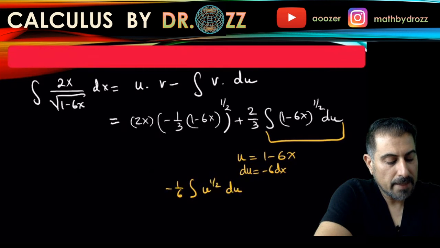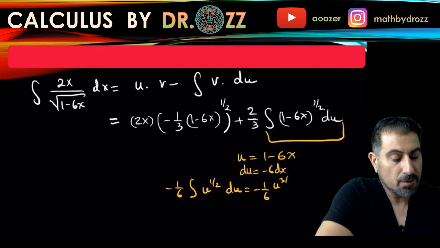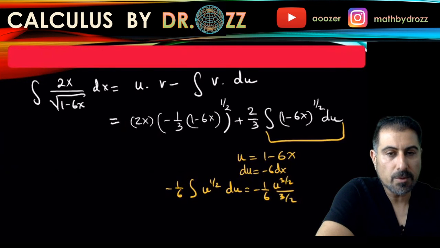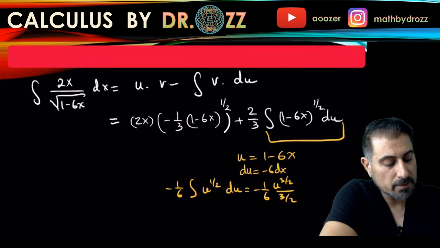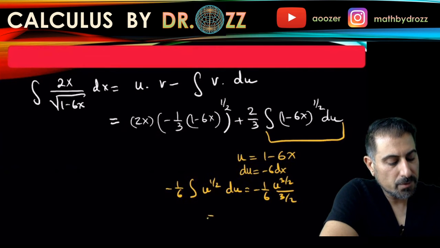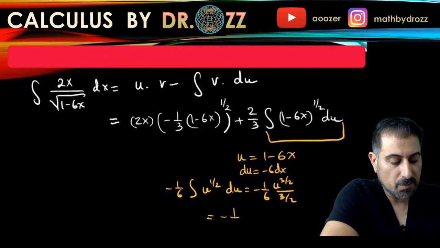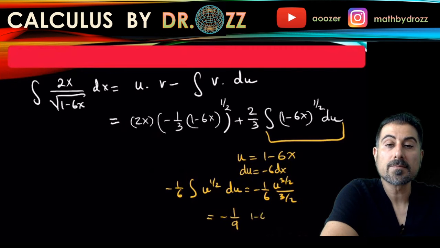I can integrate that as u to the 3/2 over 3/2. Again, I don't need to worry about putting plus C at this moment because I'm going to put a generic plus C at the end, the integration constant. Flipping 2/3 over, it's going to be negative 1/9 u to the 3/2, which is (1 minus 6x) to the 3/2.